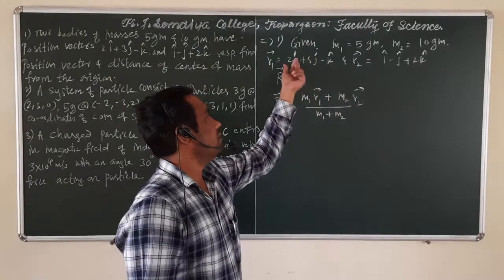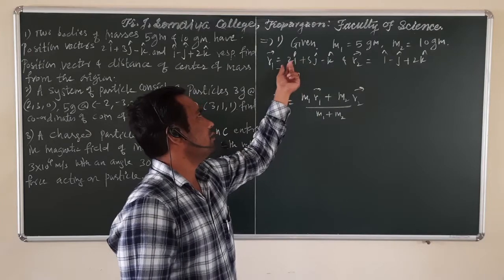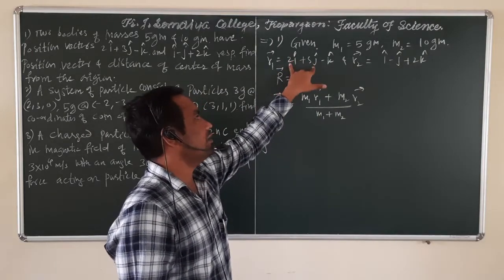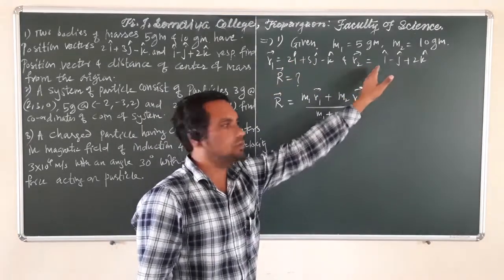So if mass is in the CGS system, we know that distance is in centimeters.